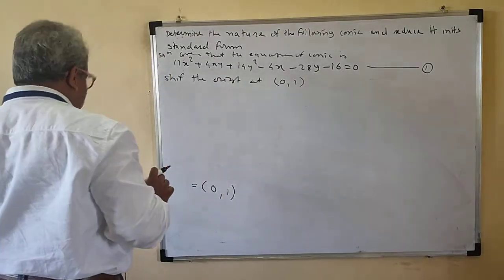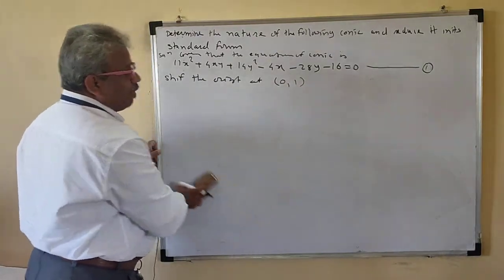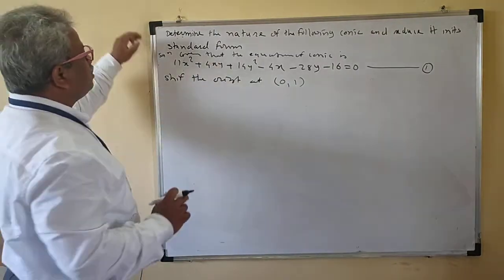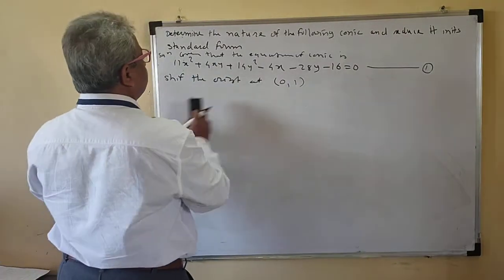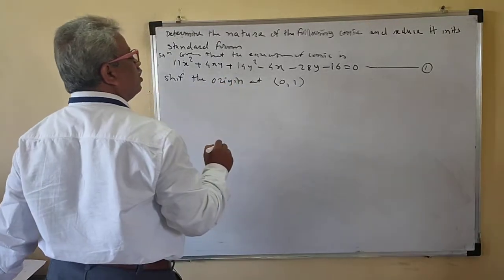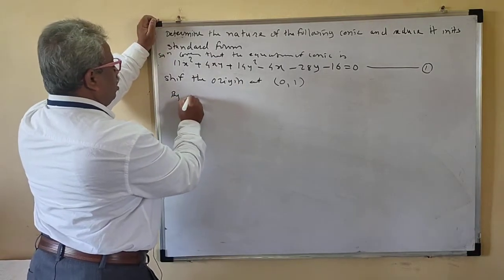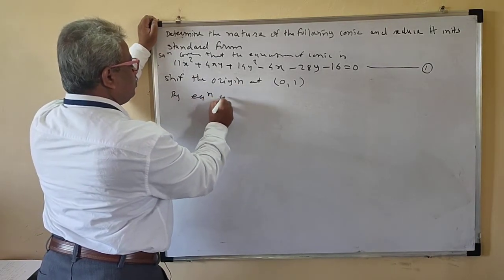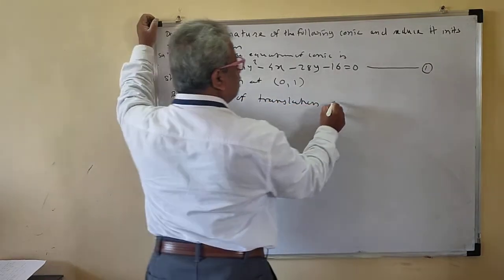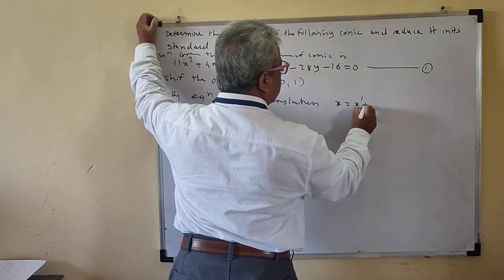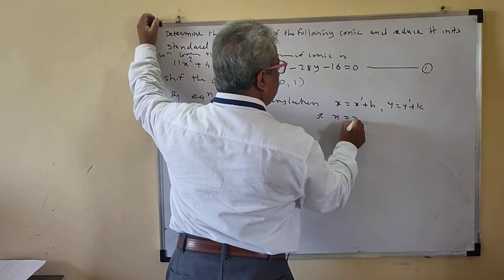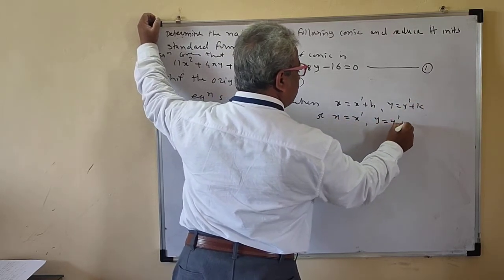So if it is an ellipse or hyperbola, find the center and shift the origin to the center. By the equations of translation, x is equal to x prime plus h, y is equal to y prime plus k, that is x is equal to x prime, y is equal to y prime plus 1.